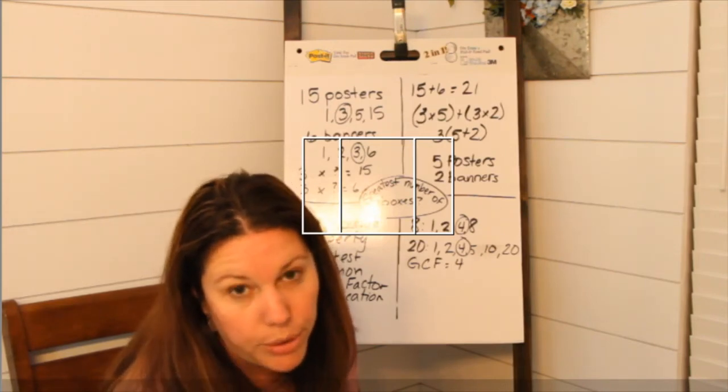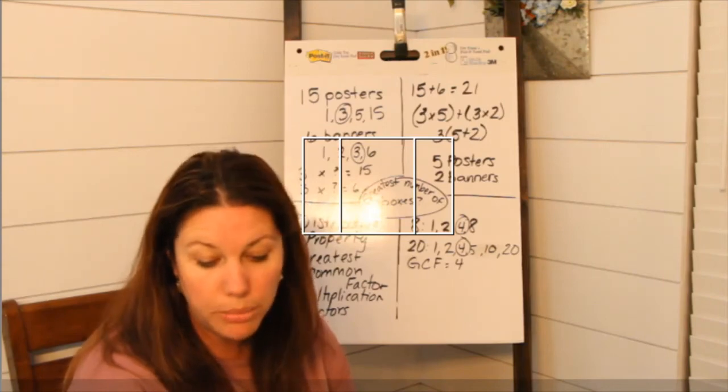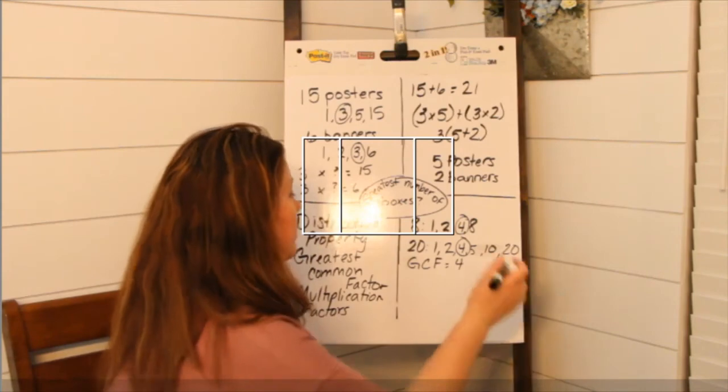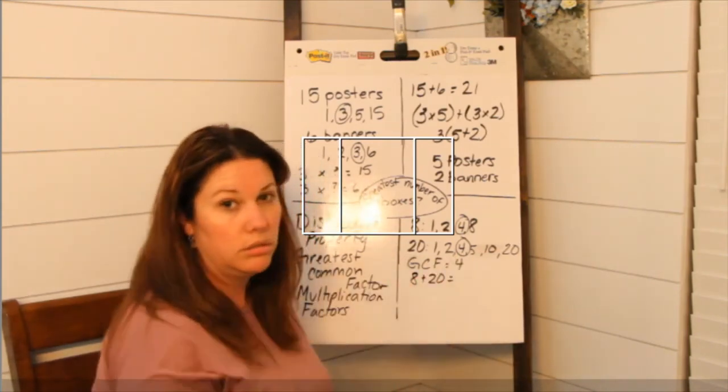Okay, so now what we're going to do is we're going to take this information and we're going to create the distributive property through this. So we know that 8 plus 20 equals 28.